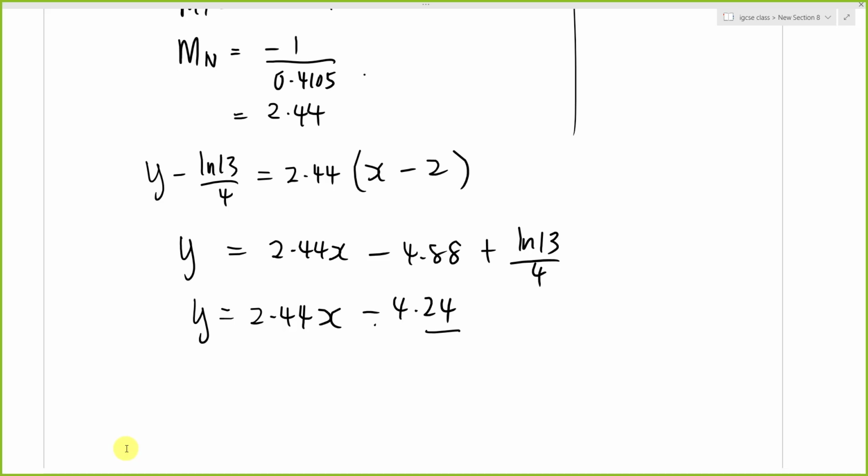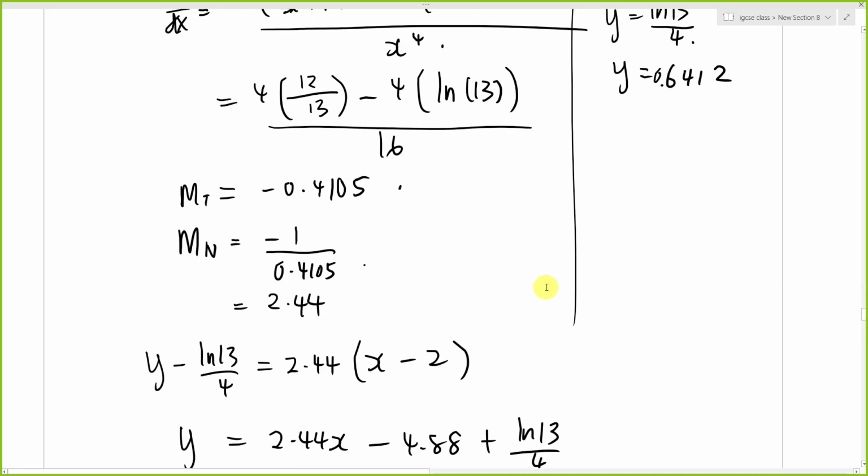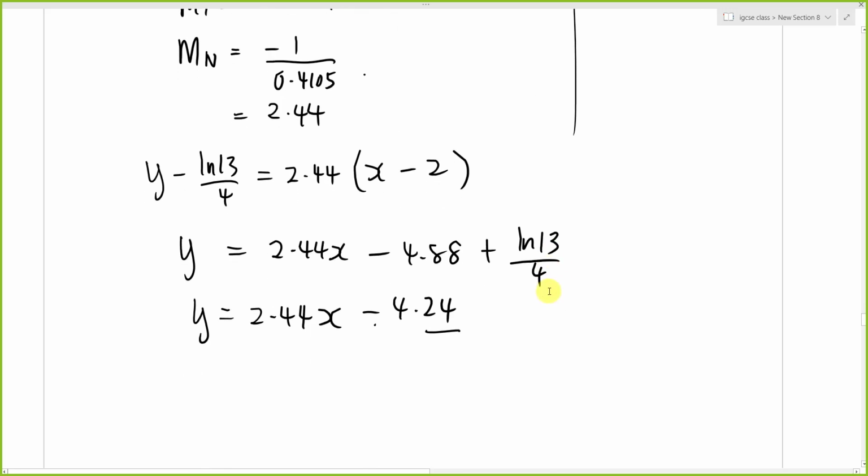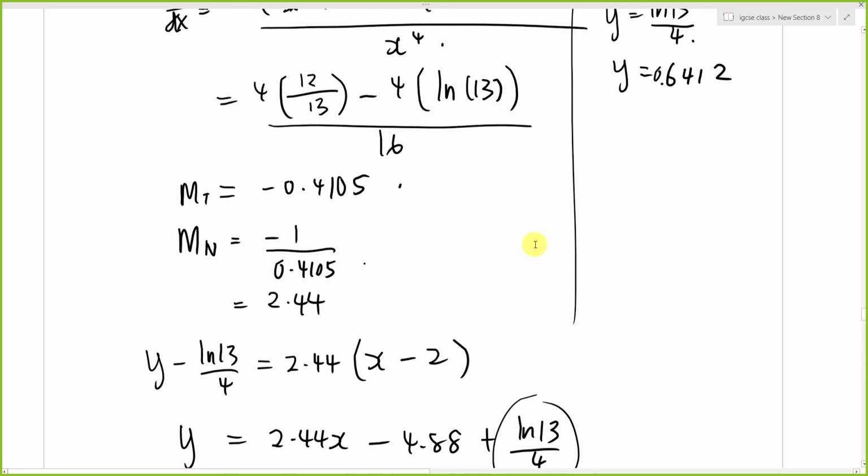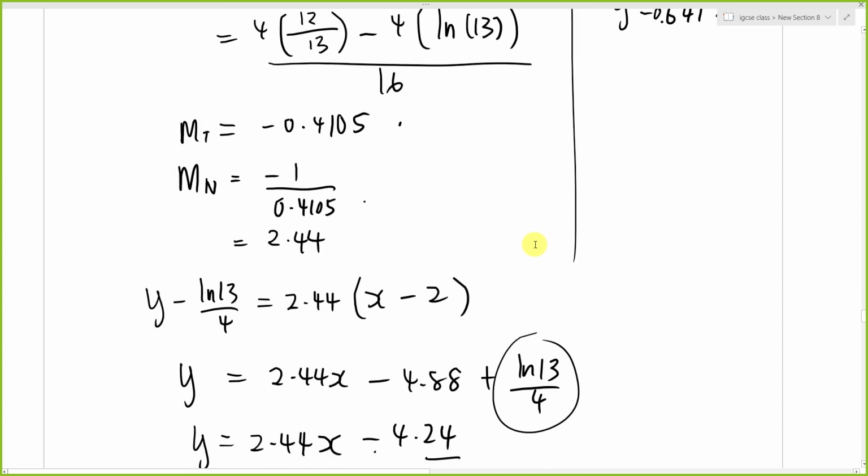So I don't know. I think maybe the marking scheme has some problem, because the marking scheme actually says 4.23. And this is a long question, because if you straight away take the whole value here, it should be very accurate, I think. Yeah, unless they want to take this value and multiply here. Let me just try one more time to see if it is possible to get the answer in the marking scheme.